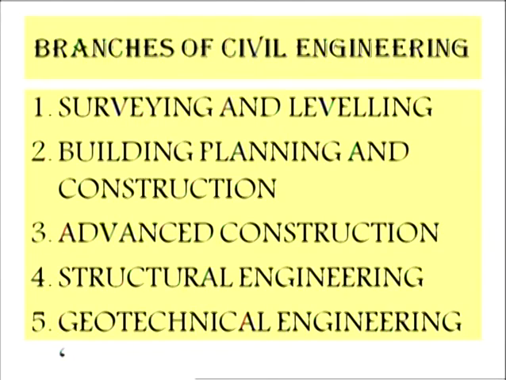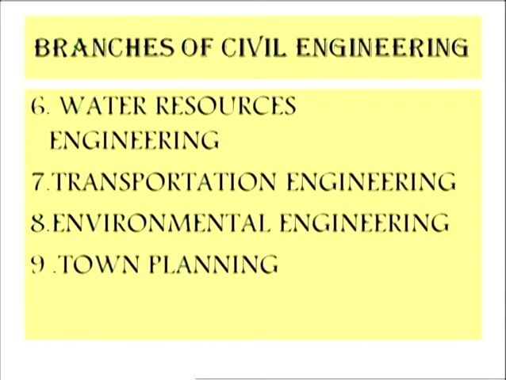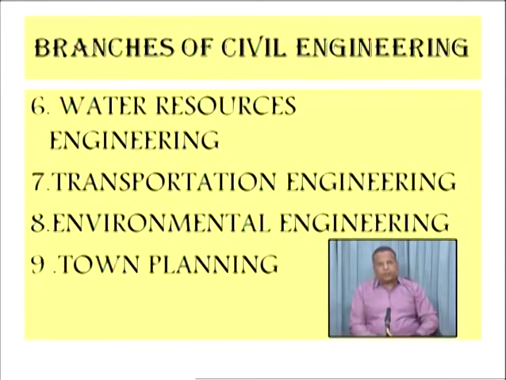Number 2 is building planning and construction. Number 3 is advanced construction. Number 4 is structural engineering. Number 5 is geotechnical engineering. Number 6 is water resources engineering. Number 7 is transportation engineering.